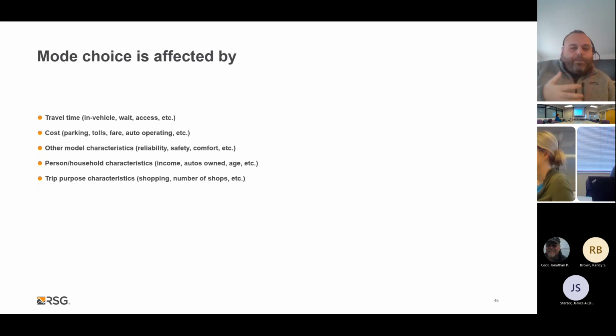And then it's identifying, when we do the next round, how we build increased sensitivity to these things when models are estimated. There's a technical step where we have to estimate these mode choice models, and the estimation has to come from data collected in the household travel survey and the onboard survey. If we're not including that information when we're having people fill out their travel behavior surveys, then we can't estimate the impact of these things at that point.